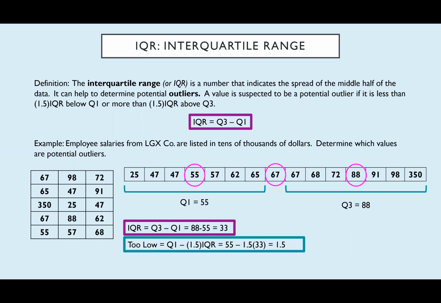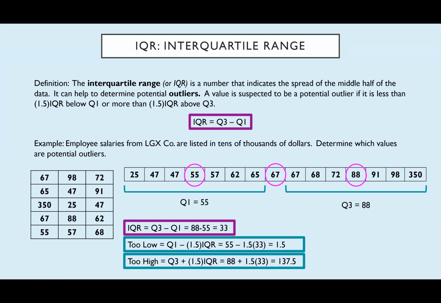If I'm 1.5 IQR below Q1, that means to say what's too low, I take Q1 and subtract 1.5 IQR from that. So that's 55 minus 1.5 times 33, and I get 1.5. That tells me that any value below 1.5 would be an outlier.